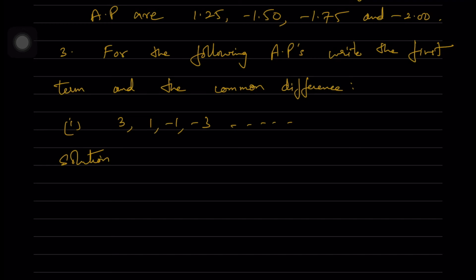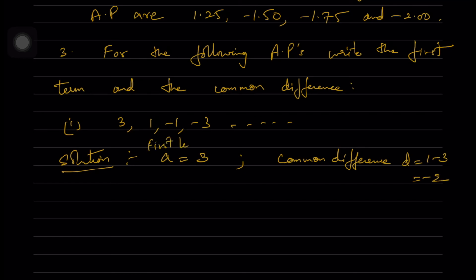So solution, what is the first term for this? a is equal to the first term, and the common difference d is equal to 1 minus 3, which is equal to minus 2. So the first term is 3 and the common difference is minus 2.